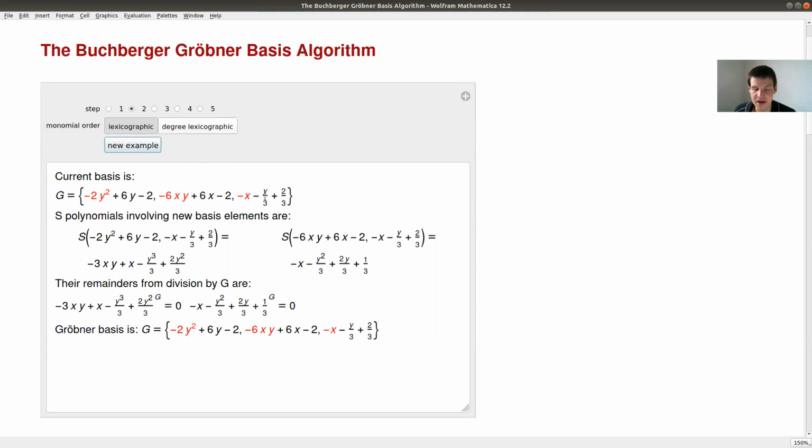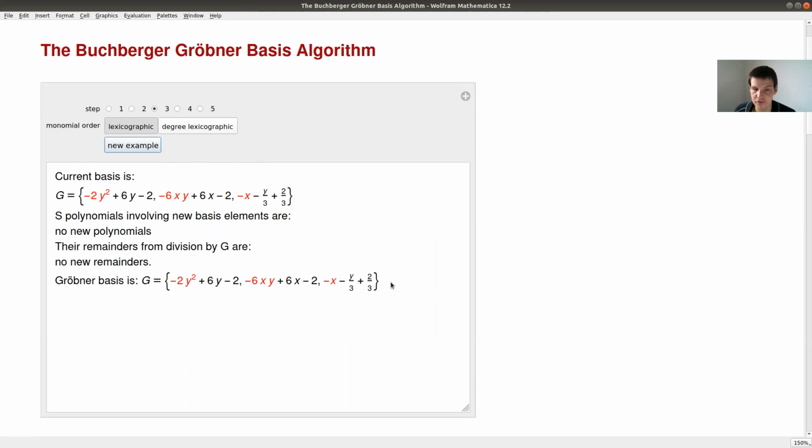So now you have three elements in your set. You need to do two S polynomials, first one with the new one, second one with the new one. You check the remainder, and again, in this case, you get 0 as a remainder, so you don't add anything. So in this step, you're done. And this is your Gröbner basis. And in this case, actually, you're lucky, and it doesn't depend on the different order.